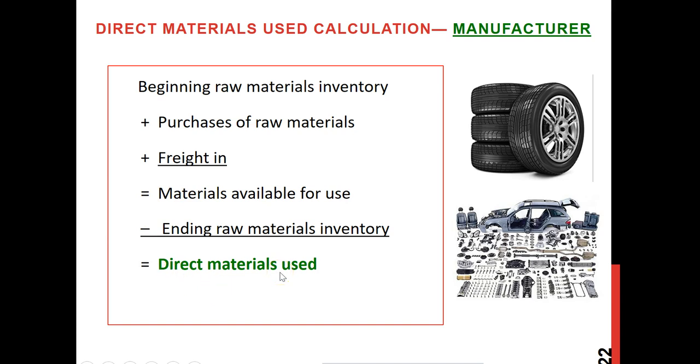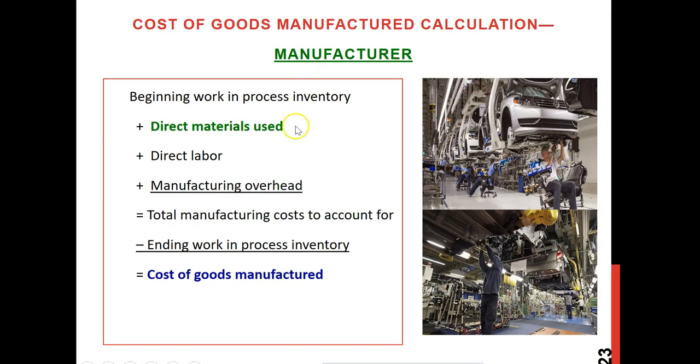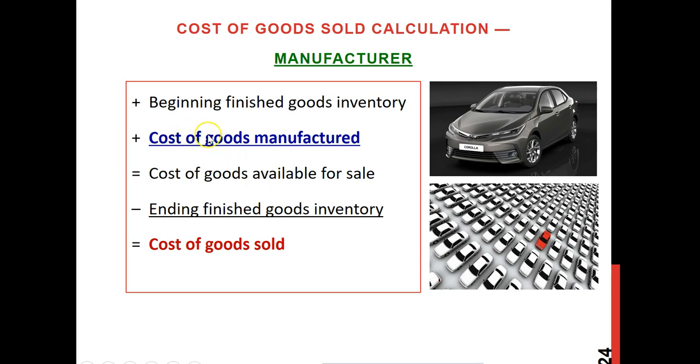And after doing this cost of goods manufactured, at the end you figured out the cost related to the goods that you manufactured this year. This cost of goods manufactured will be used here in your cost of goods sold calculation chart. And this is how you will get this cost of goods sold.